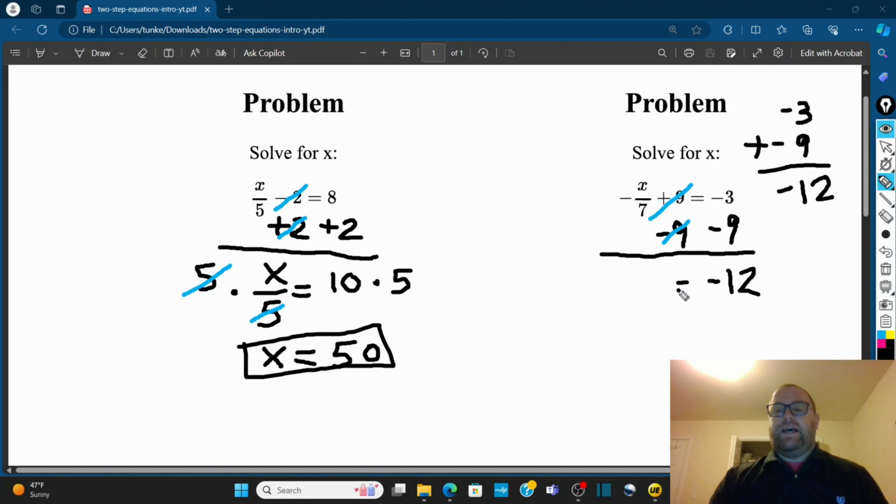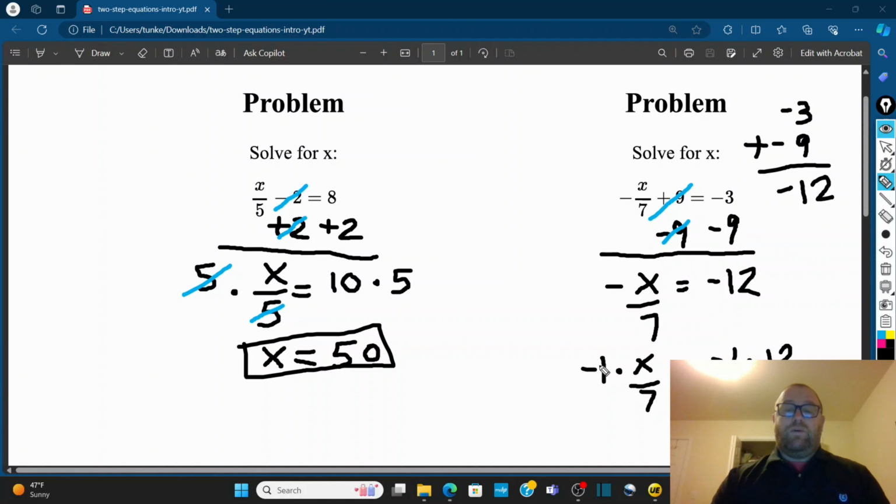On the left-hand side, we have negative x over 7. Now we can also think about this: if we have a negative here and a negative here, it's like negative 1 times x over 7 equal to negative 1 times 12.